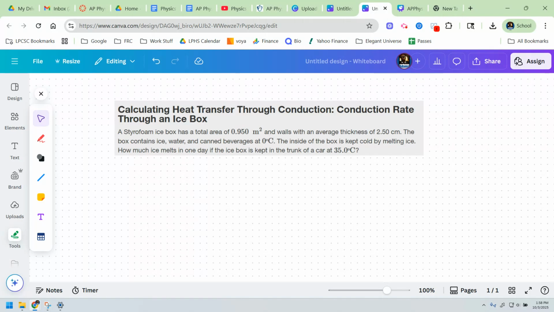The temperature on average is about 0 degrees Celsius, because of the ice. And the inside of the box is kept cold by melting the ice. How much ice melts in one day if the ice box is kept in the trunk of a car, and the trunk of the car is 35 degrees Celsius.